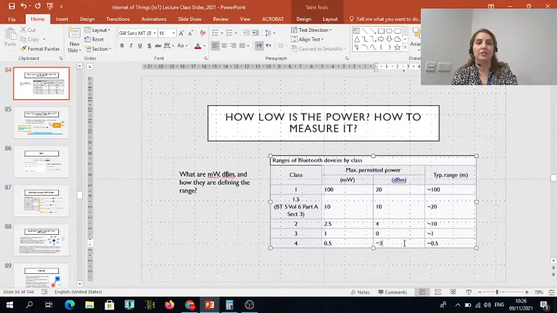But the thing that is consistent is that the range is very high when we are looking at high power, and it becomes very short when we are looking at lower power in Bluetooth transmitters.